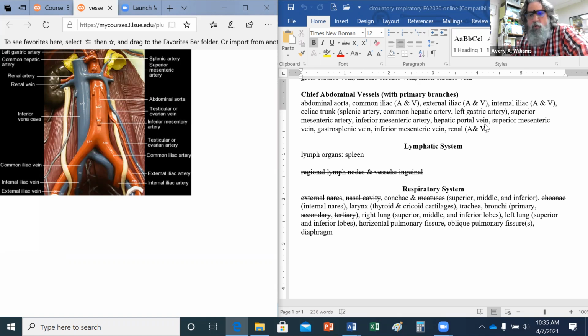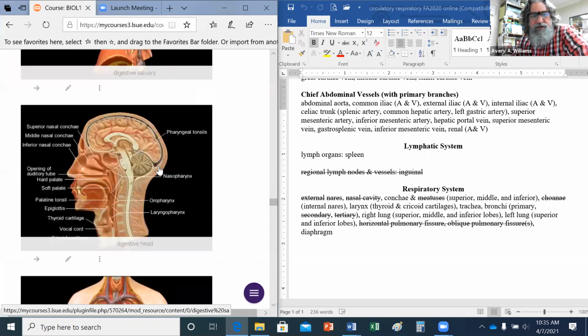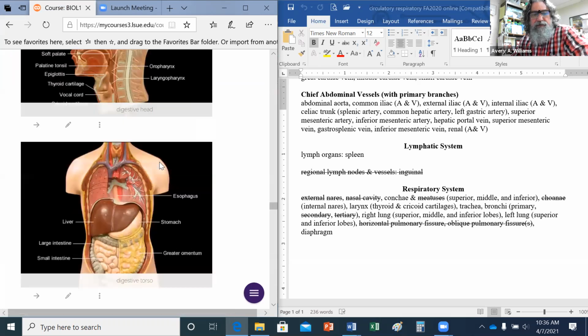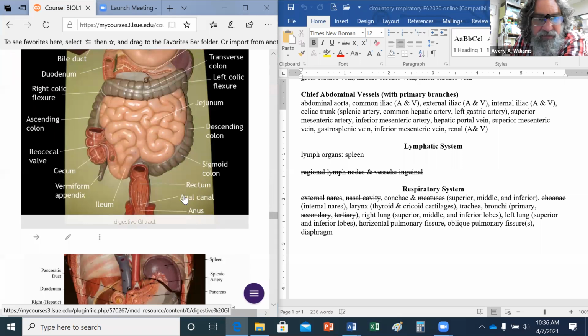So then the hepatic portal vein, hepatic, that's liver, right? You don't see the liver in here at all. So you're gonna have to go back and try to find a liver model. And let's see. Oh, look, here's some other stuff. I forgot about all this stuff.